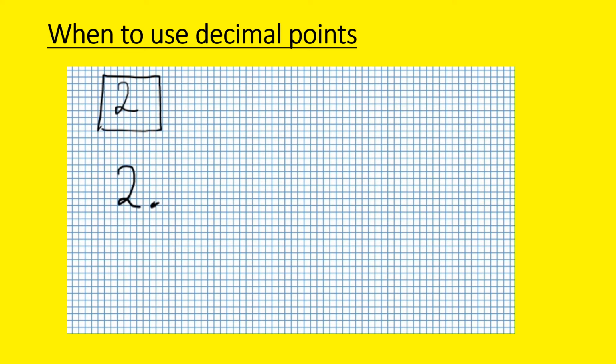So it can be written as 2.0, but we don't write numbers like that. Let's have a look at number 4. Number 4 we can also write as 4.0, but there's no point attaching a 0 to it because there is no number there. It's just 0. So we leave it as just 4.